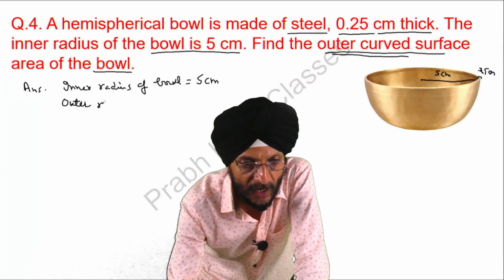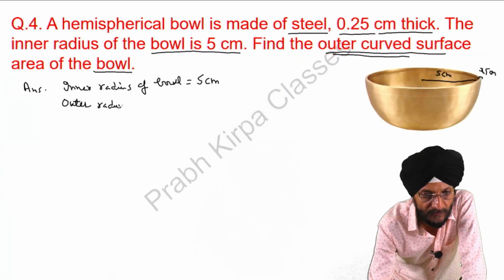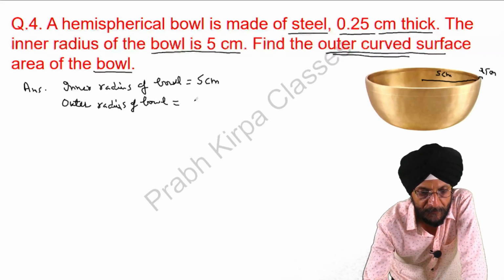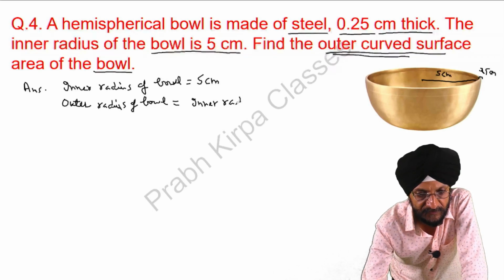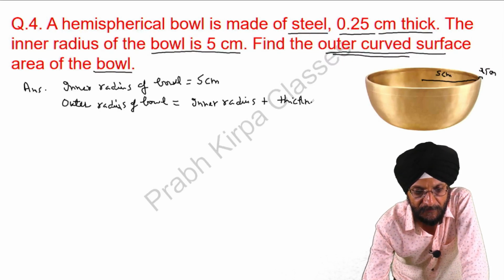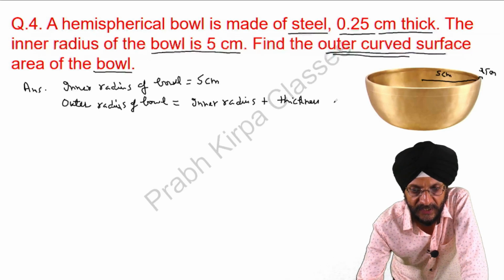So the outer radius of the bowl is equal to inner radius plus thickness of bowl.